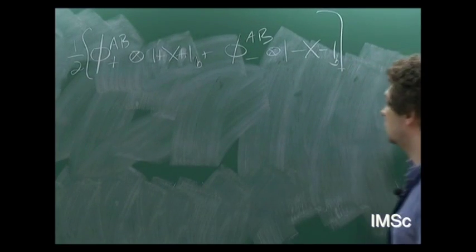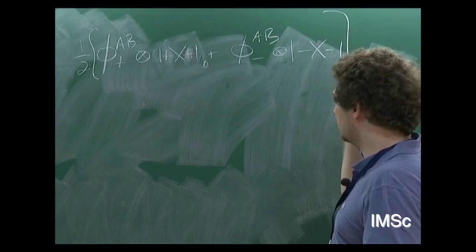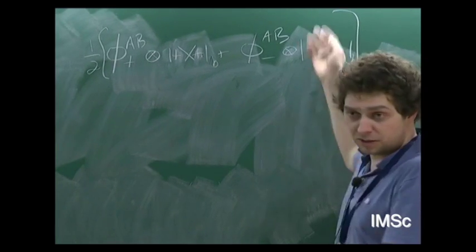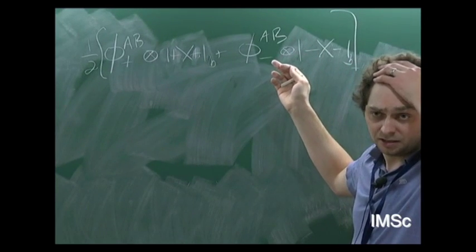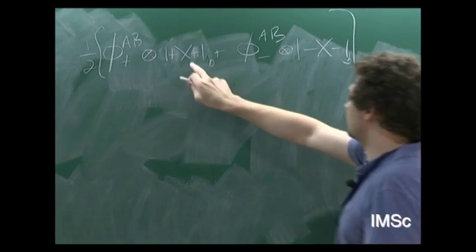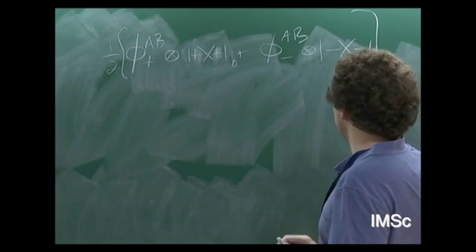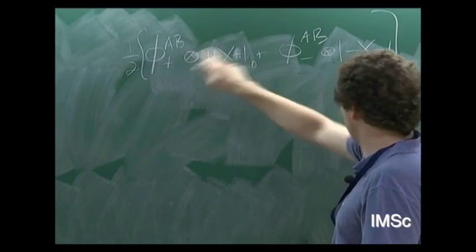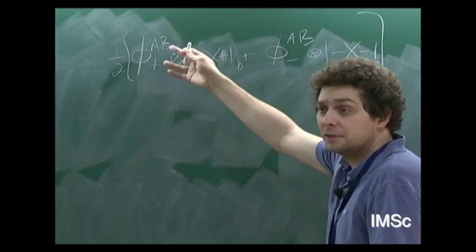Quick question: what's the distillable entanglement of such a state? One ebit, right? Because Bob can just figure out whether he's got a plus or a minus and appropriately correct or not correct this phase error. So you can just get an ebit out of this.